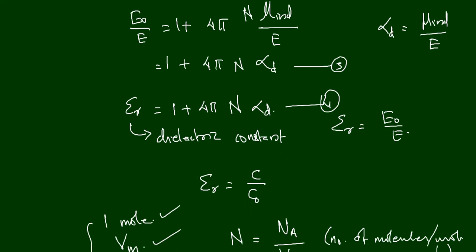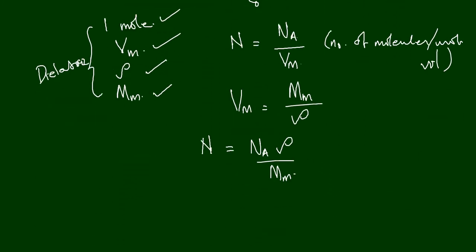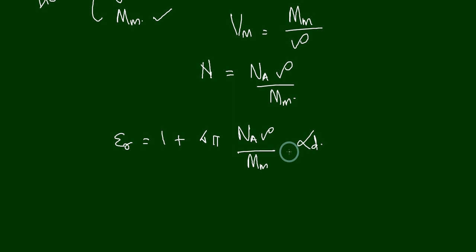Equation 4 is epsilon r equal to 1 plus 4 pi n alpha d. And here instead of n we will write Na rho divided by m into alpha d. So we substituted for n.